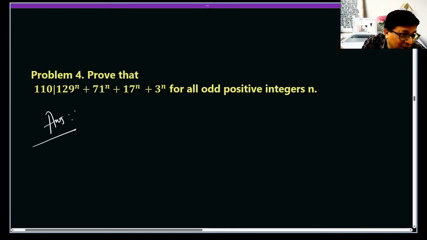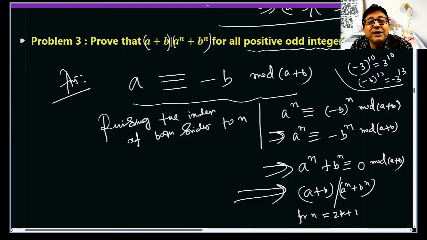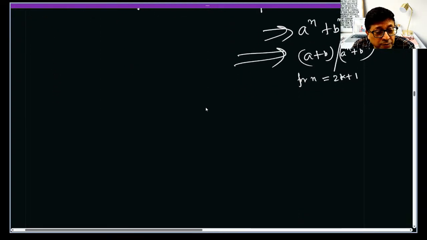We cannot show it at a time, it's difficult. 110 dividing this, no. But we can use the concept we have just got here. This is divisible by A plus B when n is an odd integer.